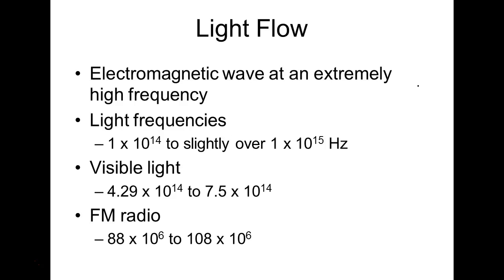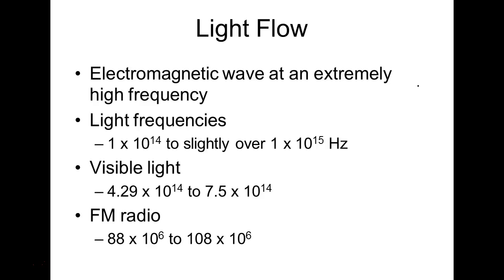So the light flow. And I know it's almost time to go now. Electromagnetic waves at the extreme high frequency. Light frequency runs from about what? Oh, 1 times 10 to the 14th hertz, to over 1 times 10 to the 15th hertz. These are considered light.